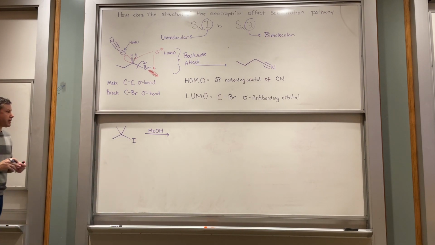So let's see if you can figure out the substitution product for this reaction. Make sure it's a stable product. If you get to an intermediate that's protonated, has an extra proton or a positive charge, think about how you can remove that proton.